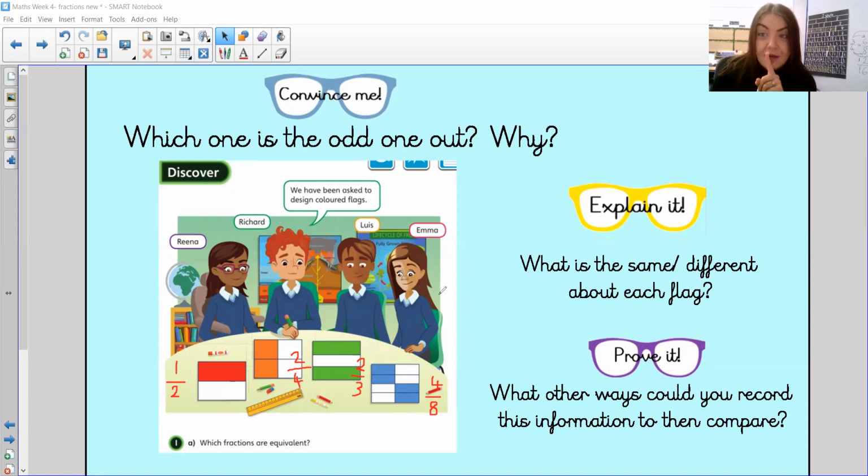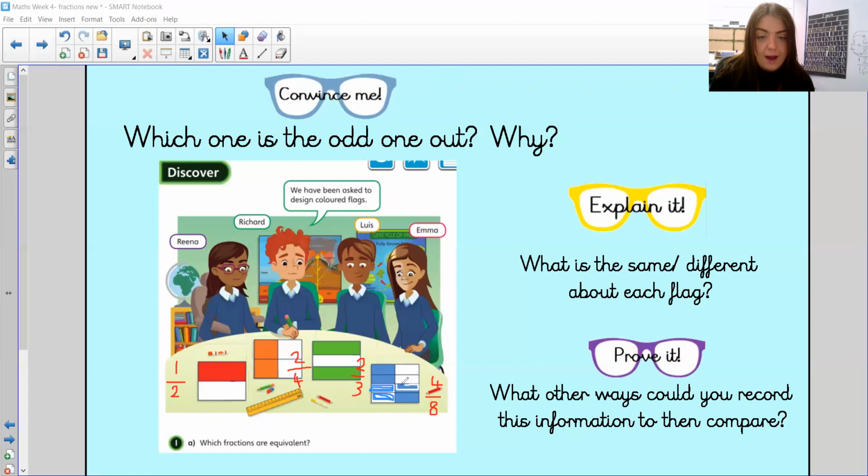Now, the first thing that I notice now that I'm looking more at the colours and at the designs of the flags is actually if I swap those two from the right-hand side to the left-hand side, something magical starts to happen. What can you now see?